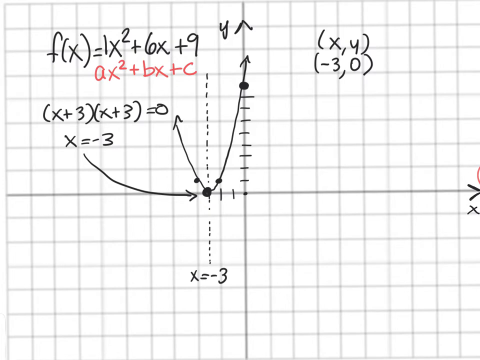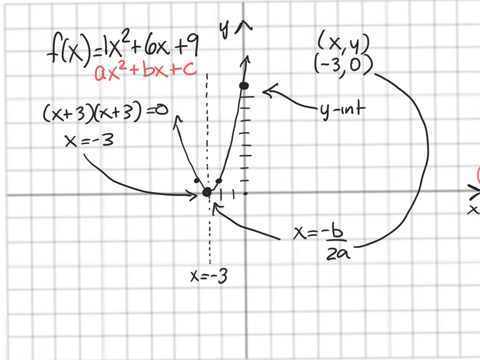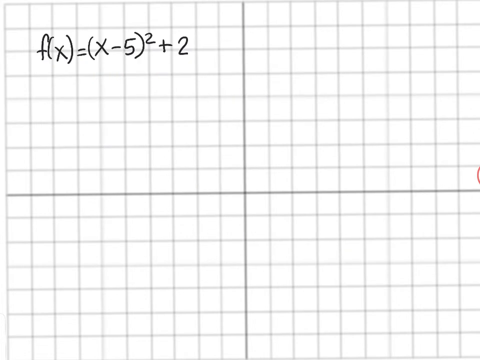So that would be when you get something in your standard form, ax squared plus bx plus c. You can easily find the y-intercept. You can easily find your vertex by finding your axis of symmetry, x equals negative b over 2a, and then you plug that x value in to find your y vertex value.